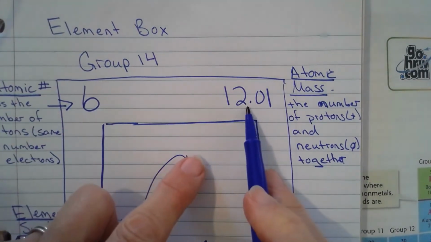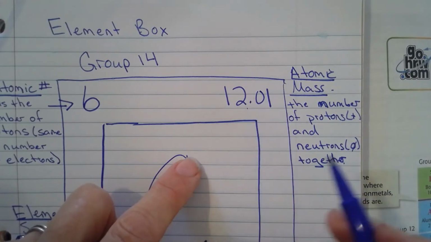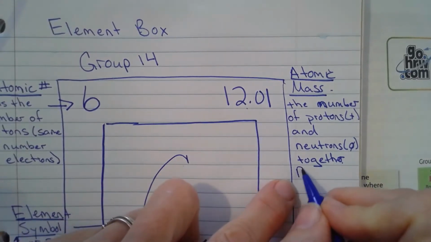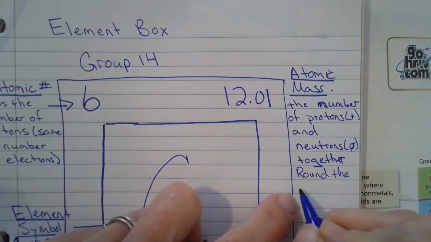So this atomic mass is going to be a decimal, so you want to make sure that you round the mass.